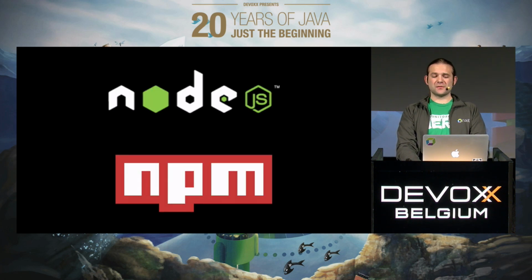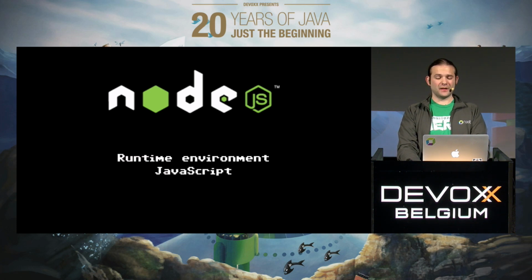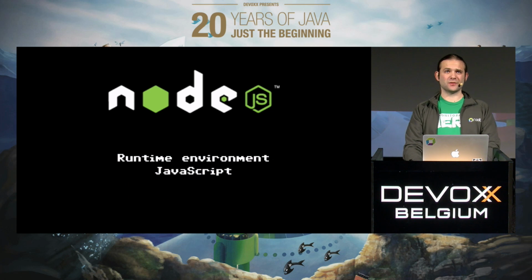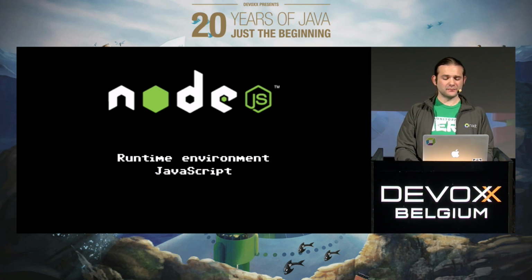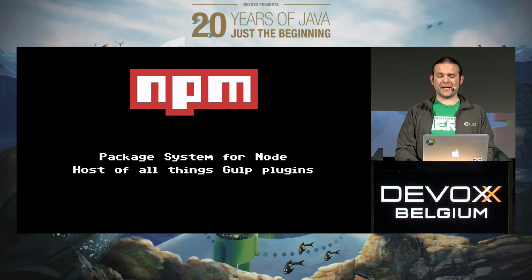And the tools we're using here are, of course, Node.js and NPM. Node.js provides us with the runtime. You can write JavaScript, and you can run JavaScript. And NPM is the package manager for Node. It's also the host of all things Gulp: the Gulp CLI, the Gulp runtime environment, and all the Gulp plugins.